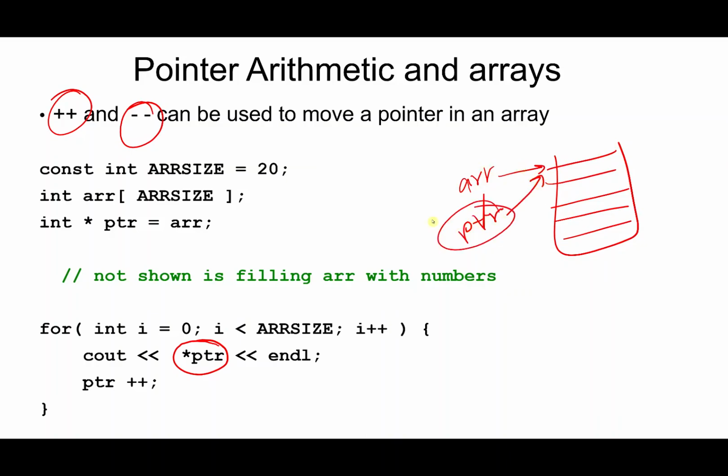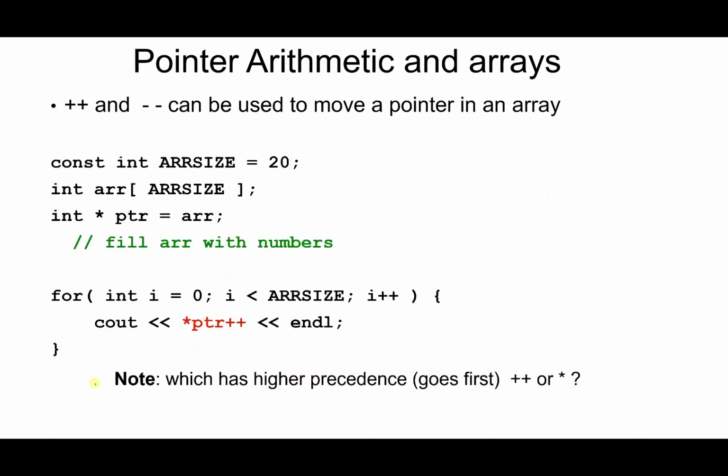And ptr is going to jump location by location, the size of int in this case. So I dereference pointer, then I say okay, move. Dereference pointer, then I say move, and so on. Or I can use it in the same statement, asterisk ptr plus plus.